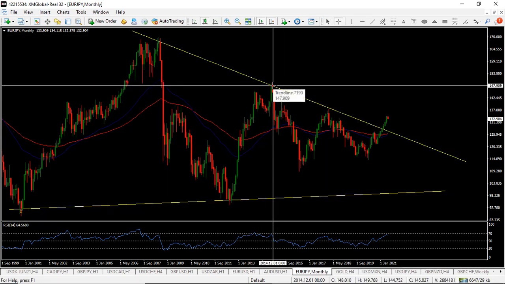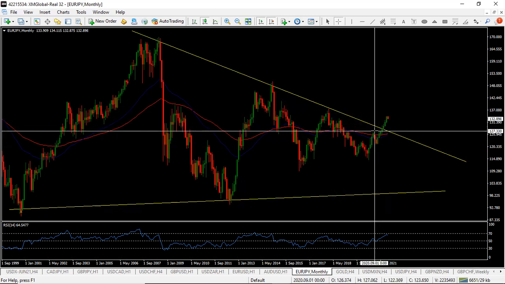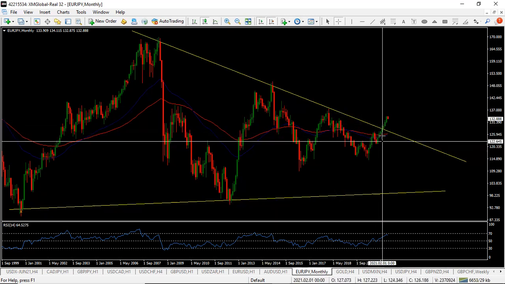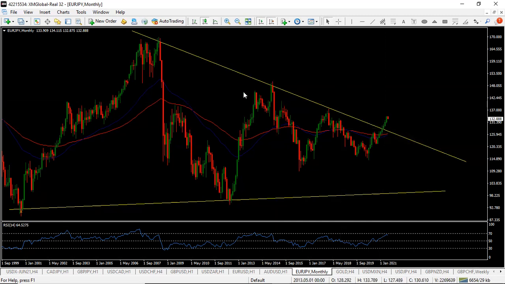This is December 2014. And they came again in 2018. They tried here, it was 2020, then 2021 to break out. So now it's a breakout in 2021. Okay, so that's what I saw. So like I said, that's the main one that I want.